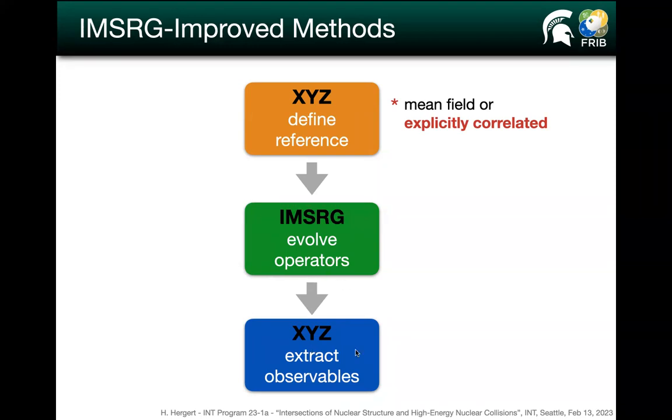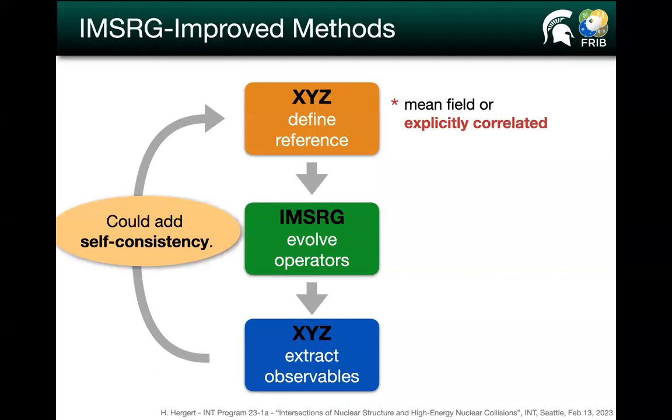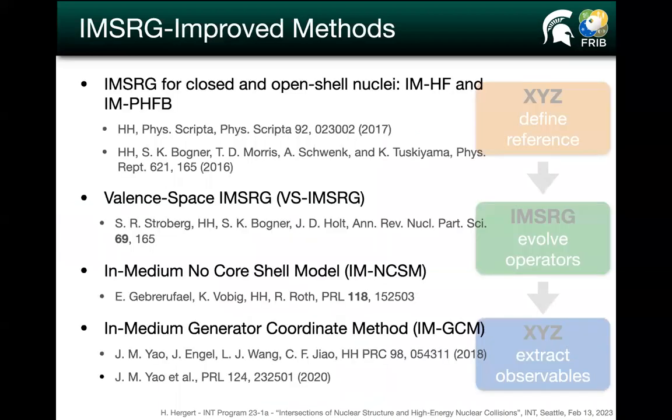And then we take those operators and perform a many-body calculation again to extract wave functions and observables that we like. In principle, then you could even add self-consistency. So you get wave functions out of here, and then you could use those as reference states in the IMSRG procedure if necessary. Now, there have been quite a few of these IMSRG-improved methods developed in the past 10 years or so.